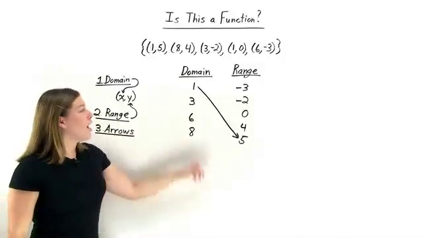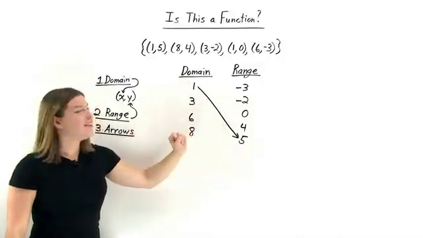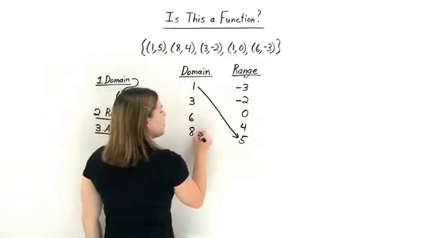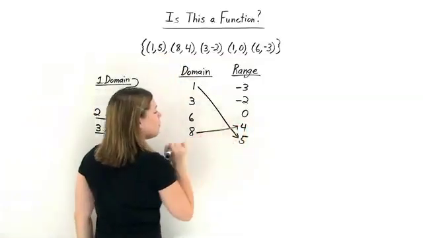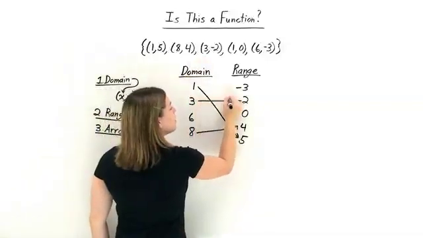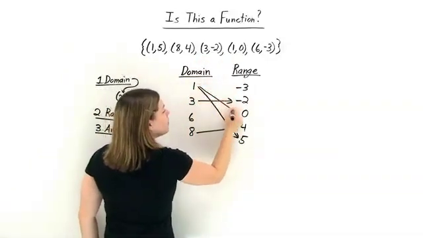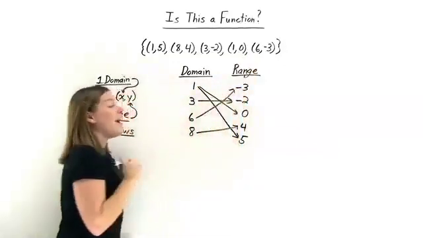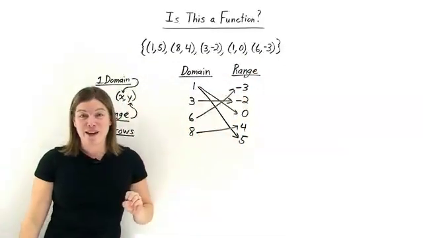So, we draw an arrow from 1 to 5. Then we have the ordered pair 8, 4. That means that the input value of 8 has been assigned the output value of 4. Then we have 3, -2, 1, 0, and 6, -3. And now we have completed our mapping diagram.